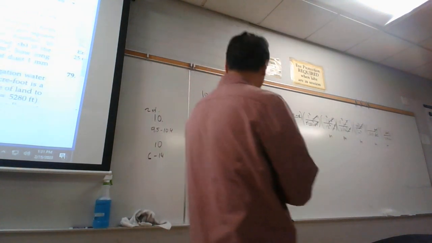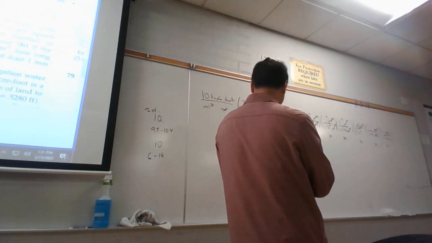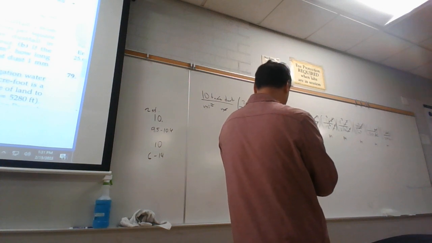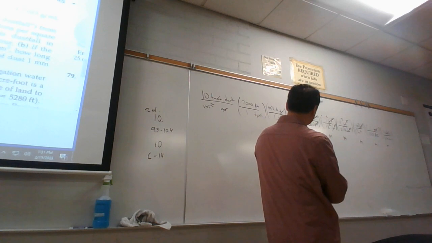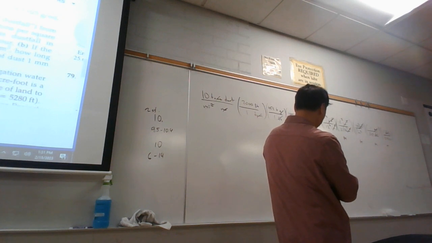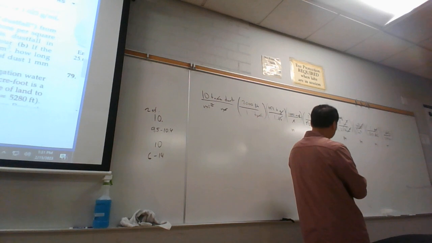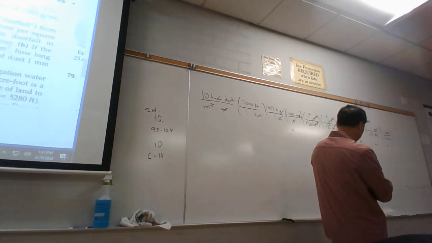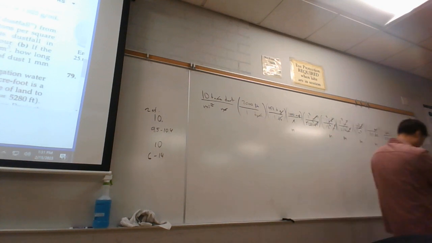So let's go ahead and calculate it. It's going to be 10 times 2,000 times 453.6 times 1,000 divided by 5280 squared divided by 12 squared divided by 2.54 squared times 100 squared divided by 30 divided by 24.